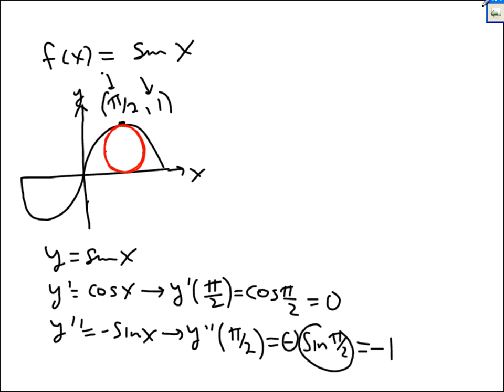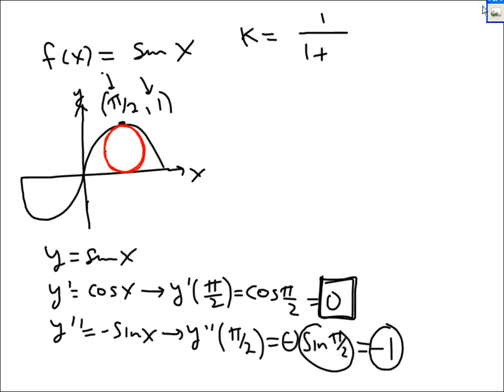So now, the curvature is our y double prime squared. y double prime is negative 1. You square it, you get 1. The bottom is 1 plus y prime squared.